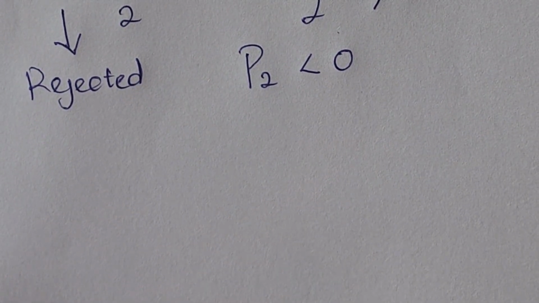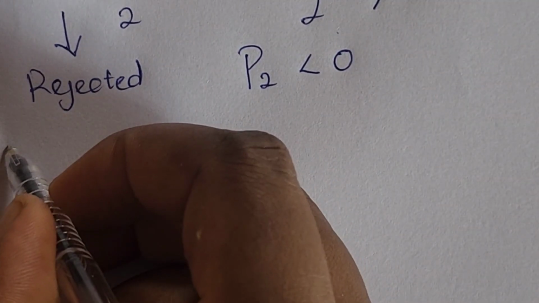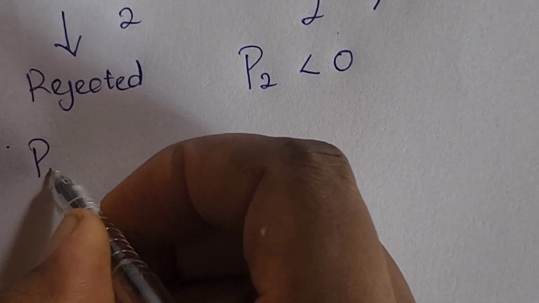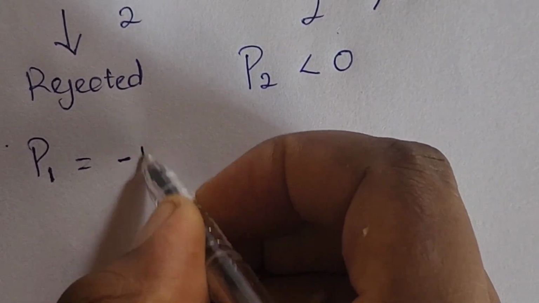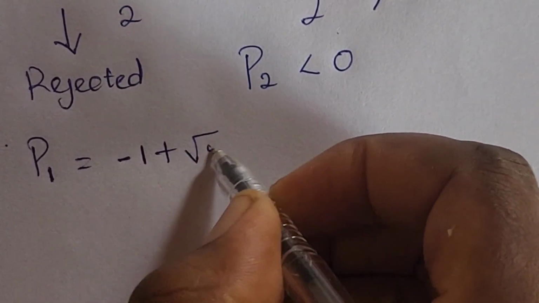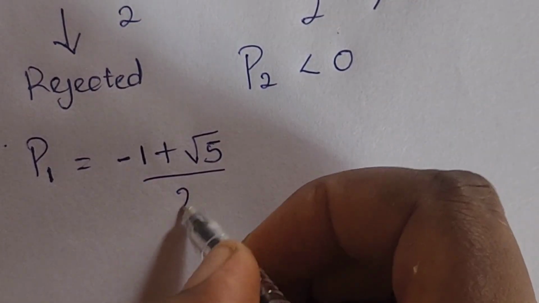So we have the last one. We have our P1 to be equal to minus 1 plus root 5 over 2.